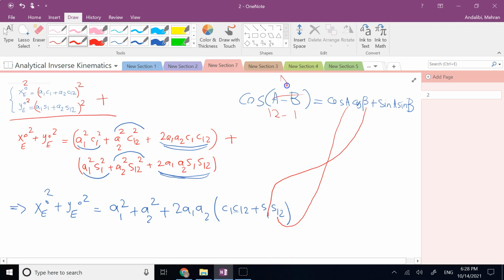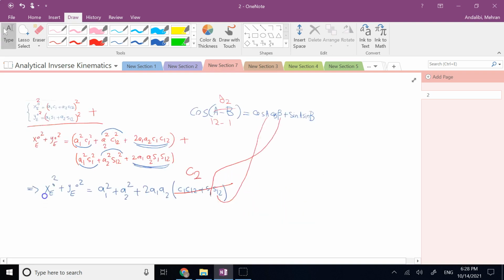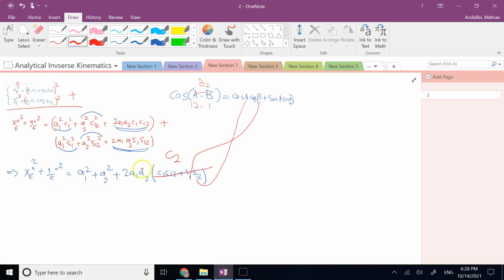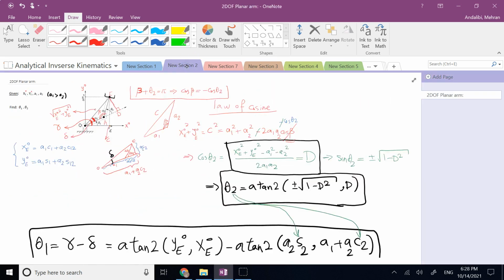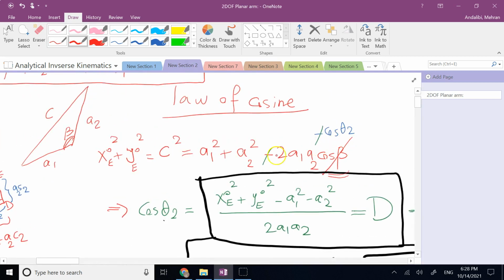So the whole thing is simply going to be what? Theta 2. So this whole thing is cosine of theta 2, and guess what? If you look at this equation, xe squared plus ye squared is a1 squared plus a2 squared plus 2a1 a2 cosine theta 2. This is the exact same thing that we got here when we used the geometric approach.